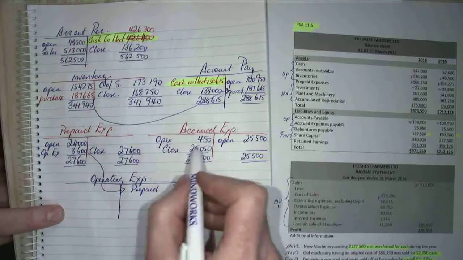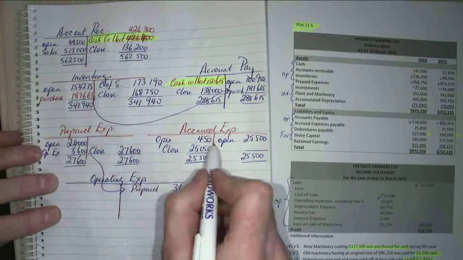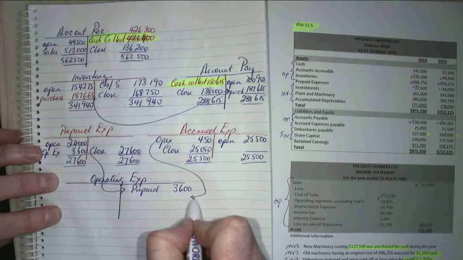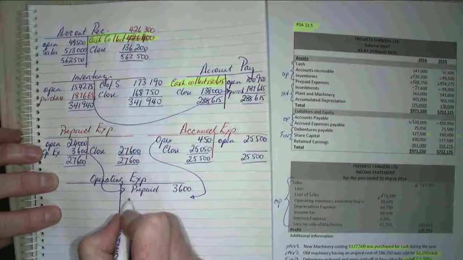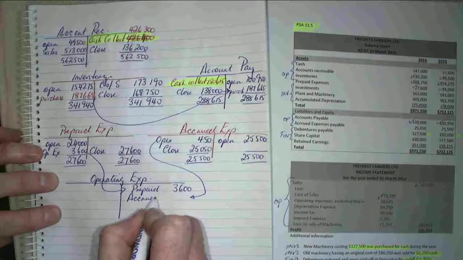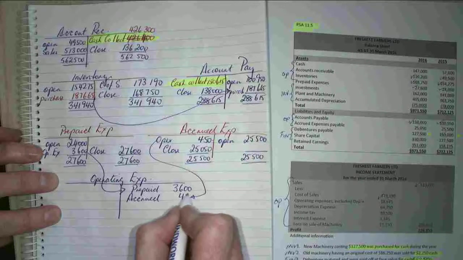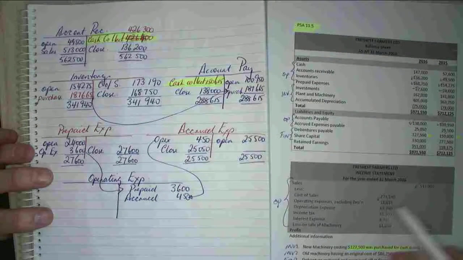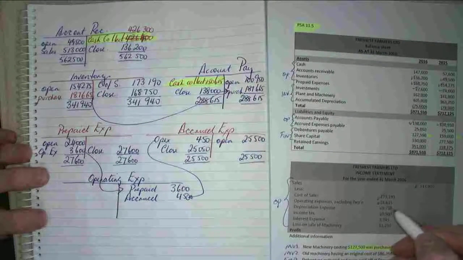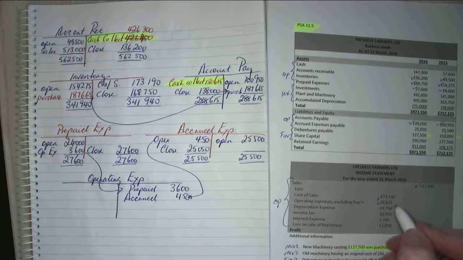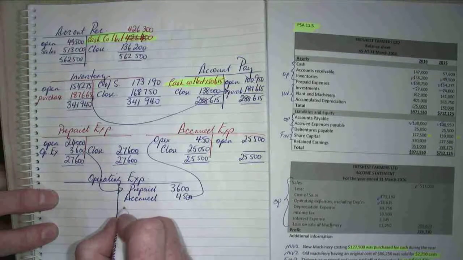And once again, it's a debit over this side, so it's going to become a debit on this side. So my accrued is 450. Now my operating expenses, obviously that's all debits in that side. So if it's a debit in that side, it must be a credit in this side.